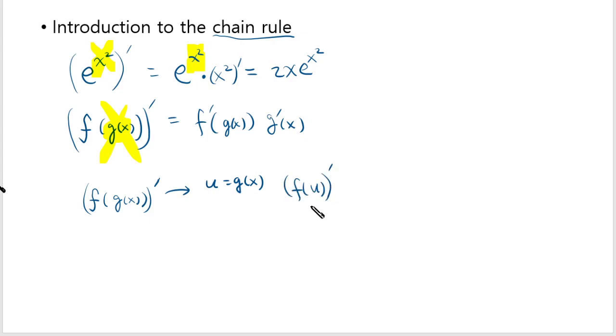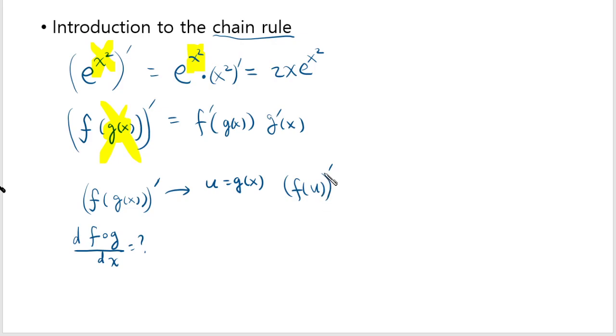Now this is a terrible notation because it is very ambiguous. See, when we have this prime, this is really saying how fast is f compose g, that's another name for this composition, changing with respect to x. That's the question.